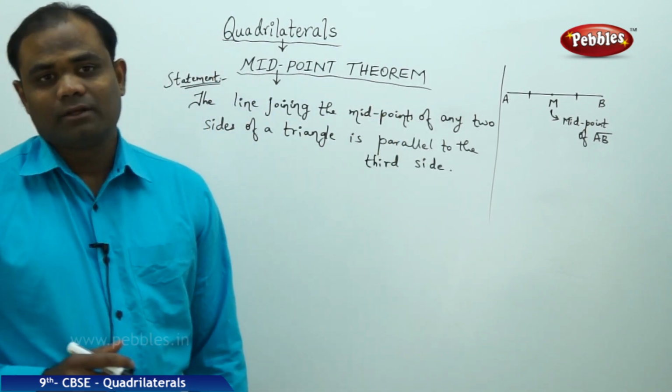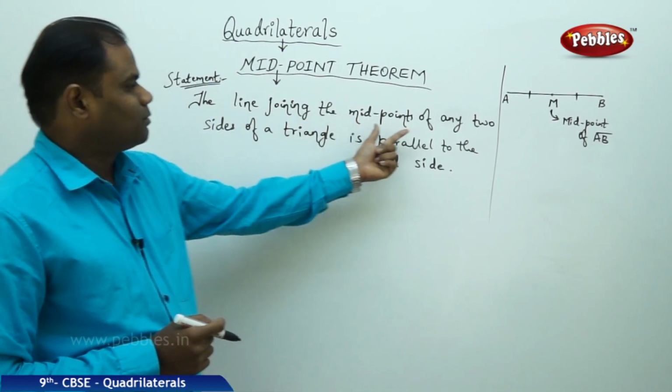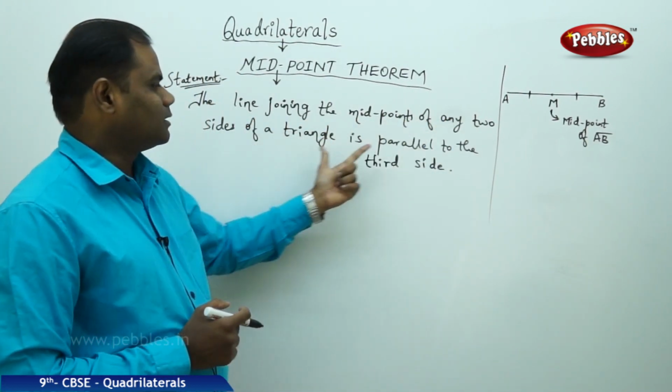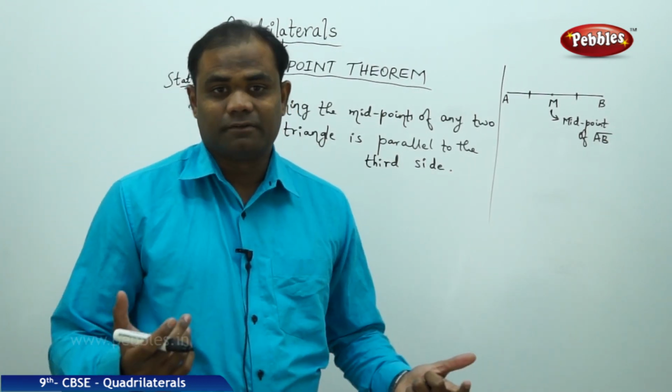This is how we define a midpoint theorem. So the midpoint theorem states the line joining the midpoints of any two sides of a triangle is parallel to the third side. So let's see the statement in brief.